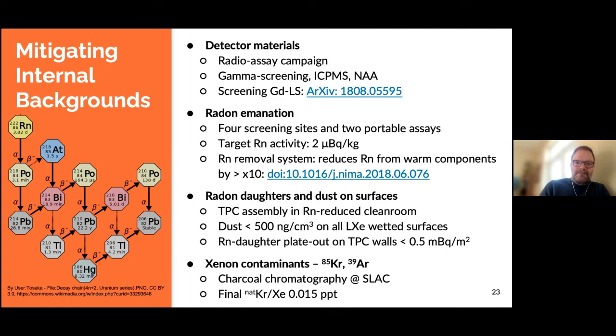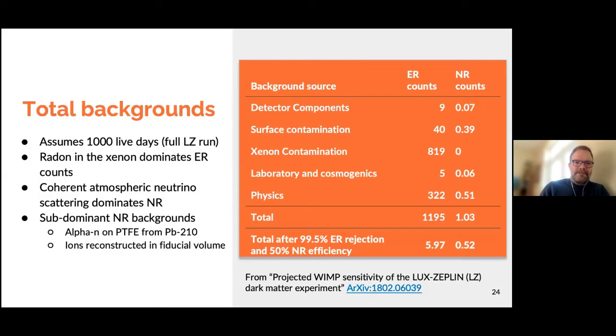Then for radon emanation, radon removal systems have been put in place. Then everything is done in ultra clean rooms to be dust free. And then you have this xenon purification to remove contaminants.